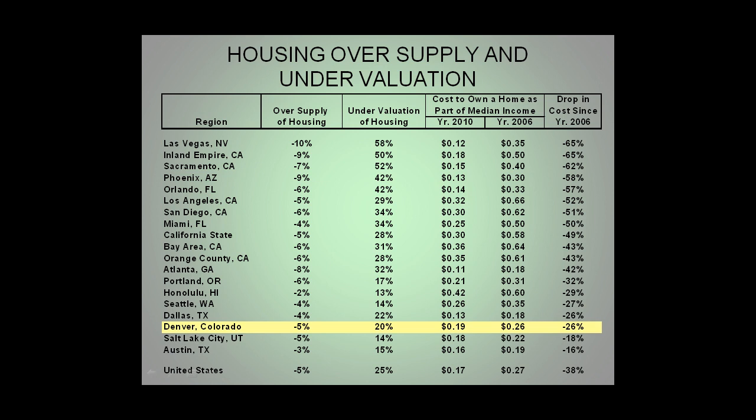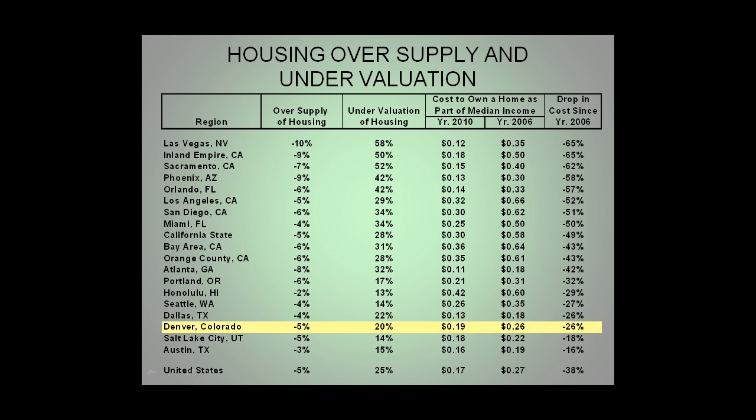So that produces this oversupply figure. You can see the most impacted markets are those with the worst job performance: Las Vegas, Inland Empire, Sacramento. These are the areas that have the poorest economic and employment conditions and have resulted in the greatest magnitude of oversupply. Let's take on valuation.